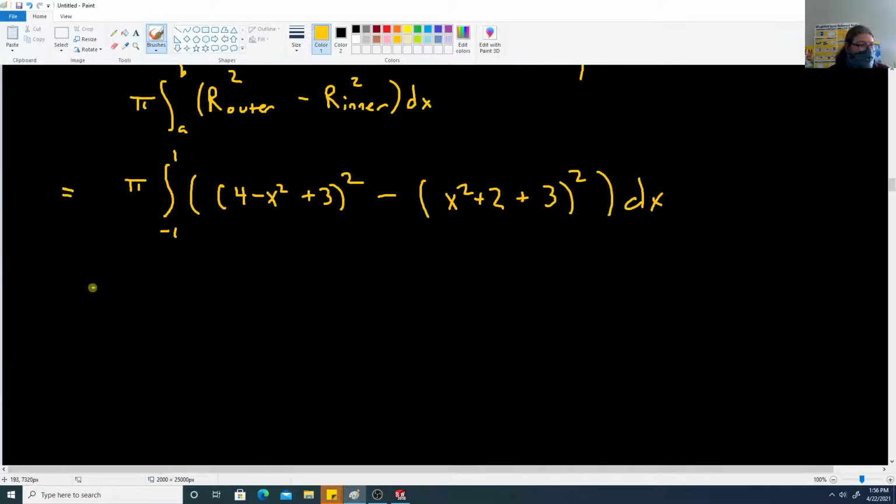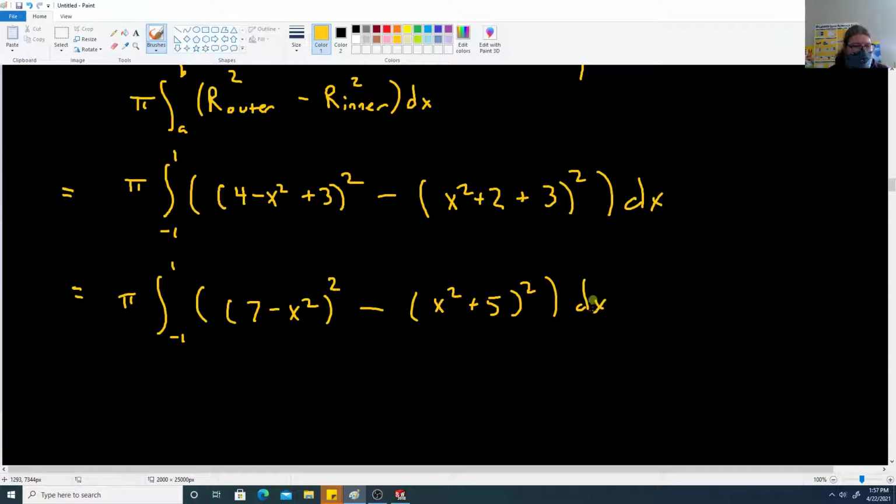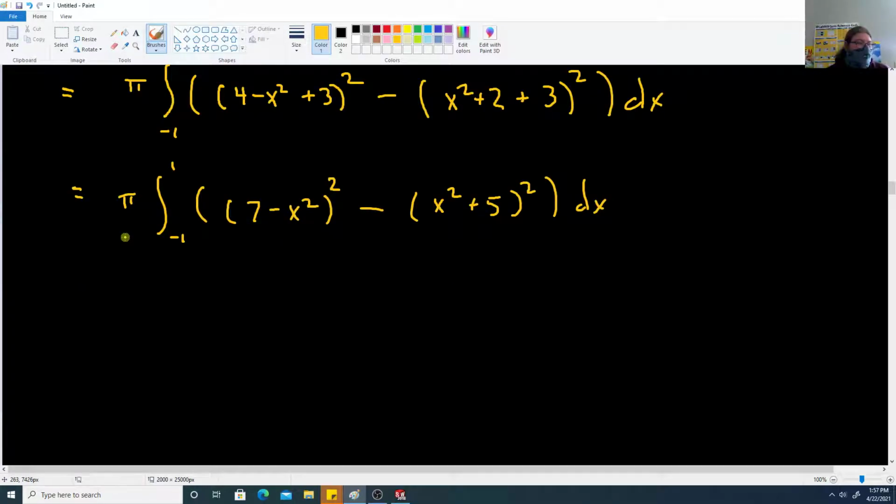Okay, so first let's algebraically clean up our stuff, and then we'll FOIL it out. So here we've got 4 plus 3 is 7 minus x squared, minus x squared plus 5, squared, dx. So in order to do this, I'm going to FOIL the first bit here. 7 times 7 is 49.